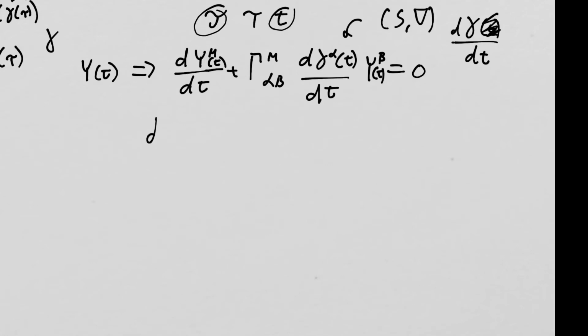So I can rewrite this expression as d of omega ts gamma s, and I'll use that summation notation that we had before, this will be mu sigma, gamma sigma of s.